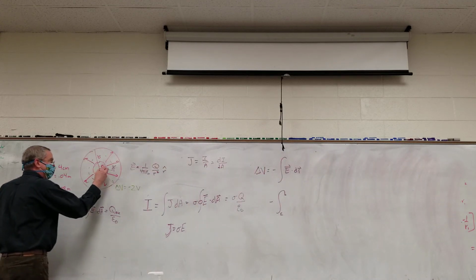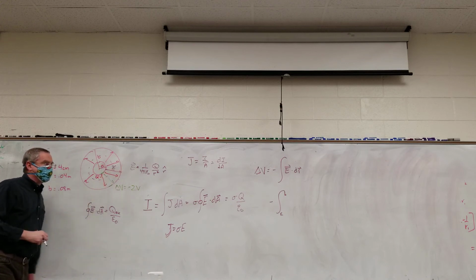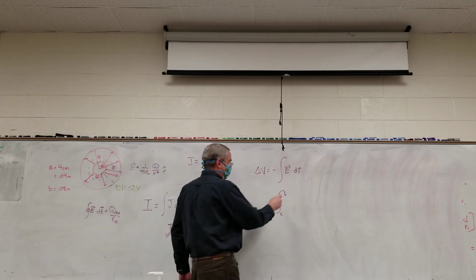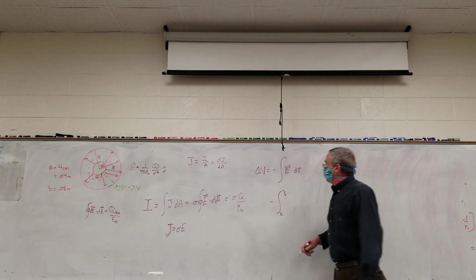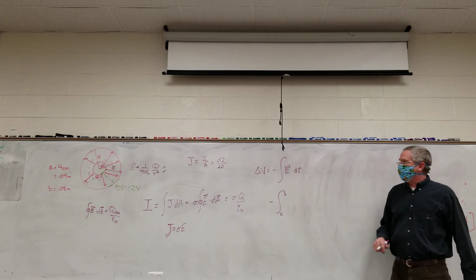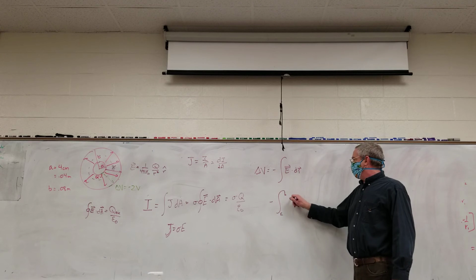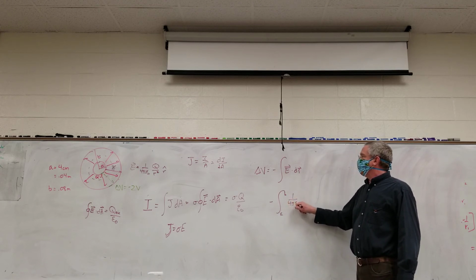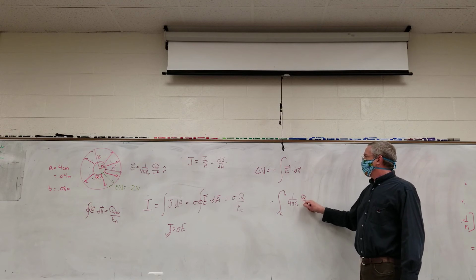I'm going from this inner surface to the outer surface, from A to B. So my electric field and dr are in the same direction, and so we easily get rid of the dot product, and just 1 over 4 pi epsilon sub naught Q over r squared dr.